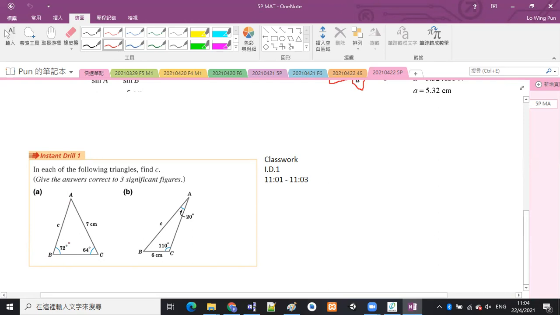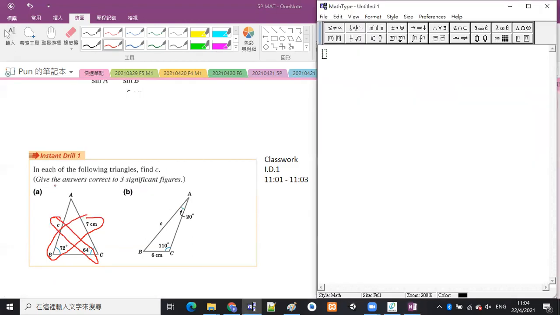The 72 degrees is opposite the side with 7 cm, so this is a pair of length and angle. The 64 degrees is opposite the side C, so C and 64 degrees form another pair of length and angle. So it is qualified to use the sine formula now.